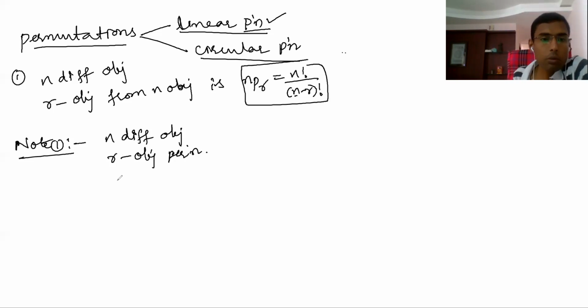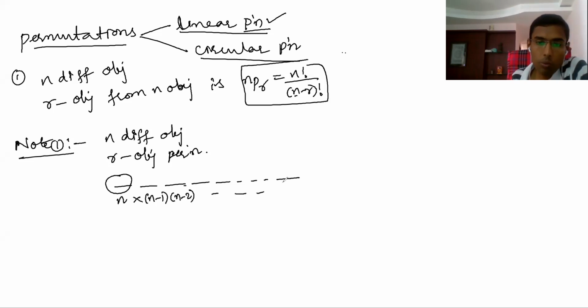When you see r-object permutations, you need to arrange in r blanks. The first blank can be arranged in n ways, the second blank in n minus 1 ways, the third blank in n minus 2 ways, and so on up to the rth blank, which can be arranged in n minus r plus 1 ways.